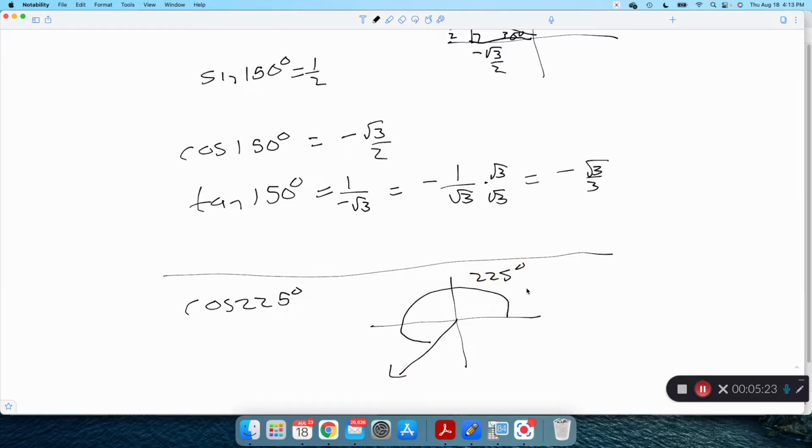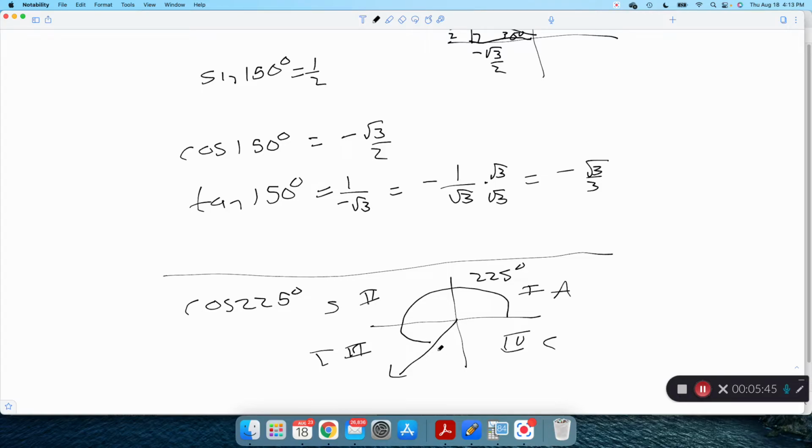I'm in quadrant 3. Remember, it's quadrant 1, 2, 3, 4. I know all students take calculus. So I know only of the big 3, sine, cosine, and tangent, only tangent is positive. I know my answer is going to be a negative.